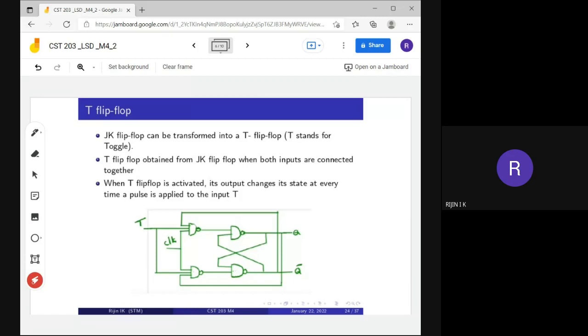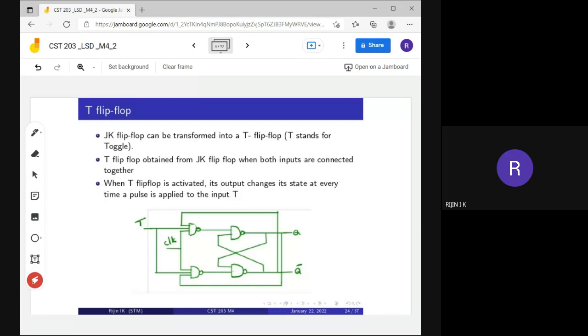T stands for toggle. The T flip-flop can be obtained from the JK flip-flop when both the inputs are connected together.